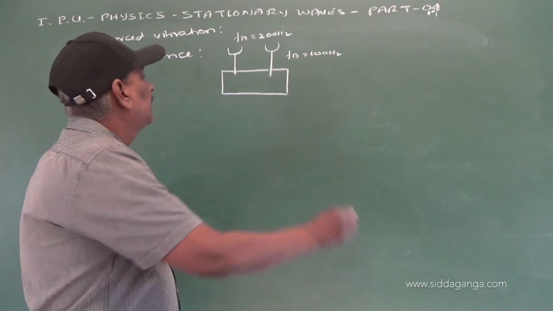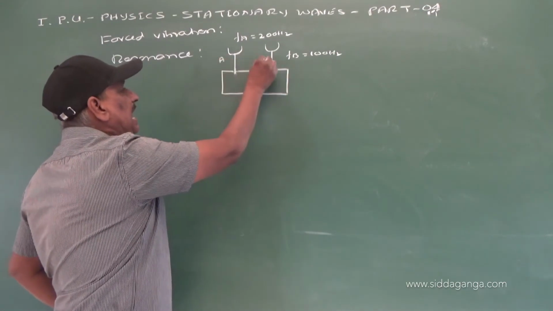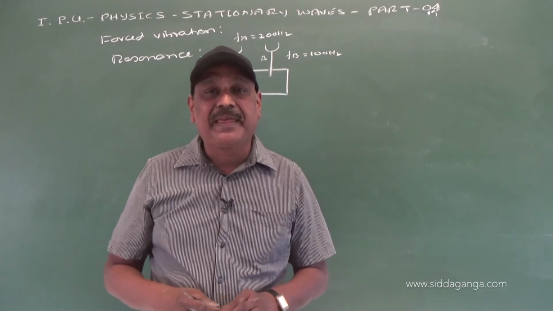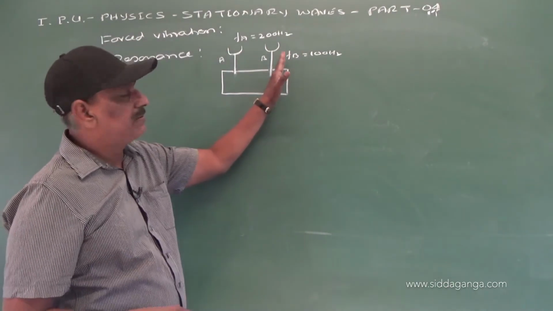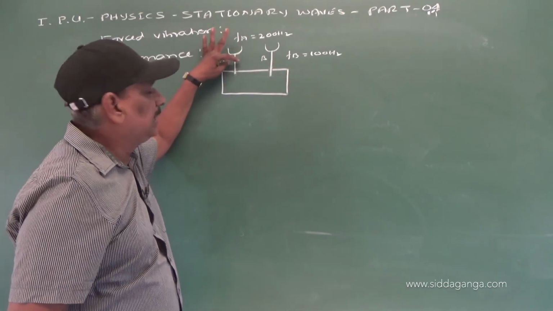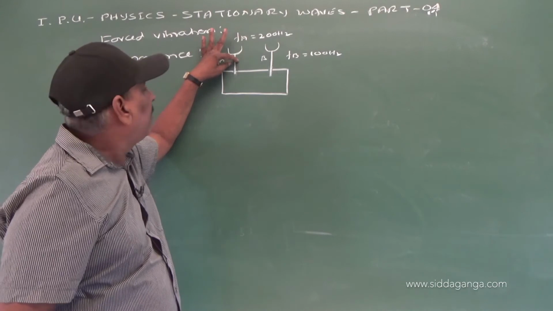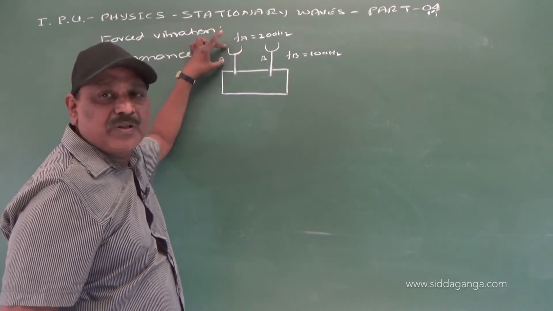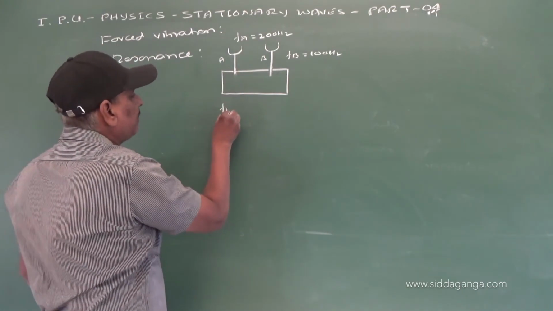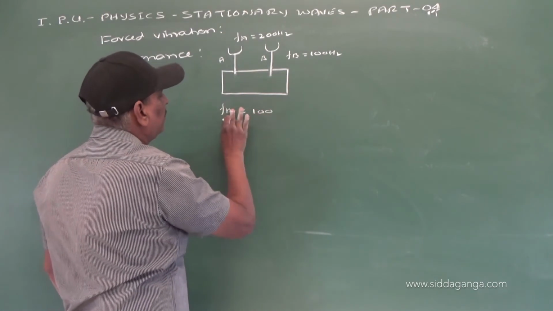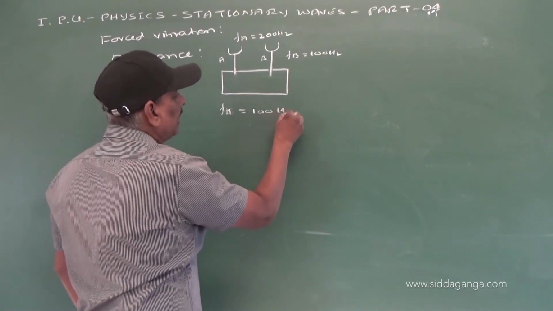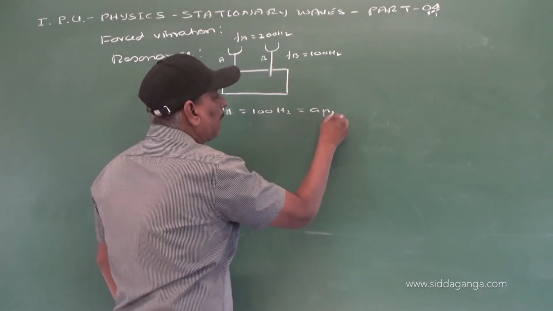Now the tuning fork A begins to vibrate. Why? Because this vibration of tuning fork B applies a periodic force F on tuning fork A. Now what is the frequency of vibration? The frequency of vibration of A is equal to 100 hertz, that is equal to the applied frequency.